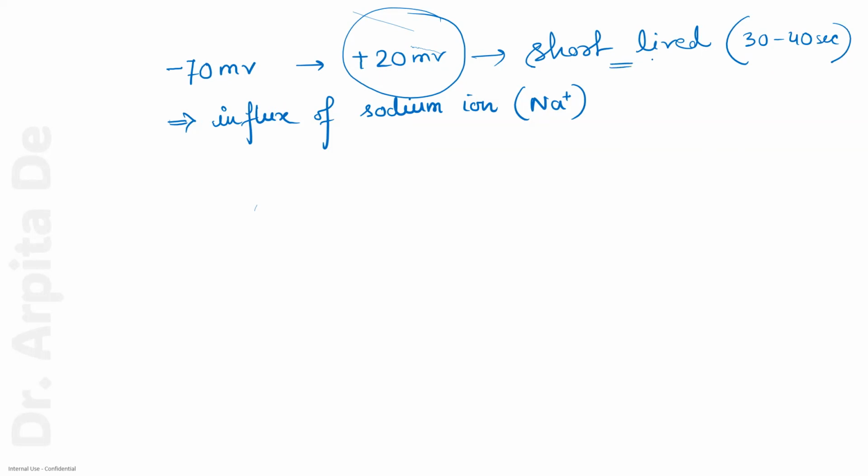Now, what will happen after this? It will again revert back to negative. Now, as it reverts back to negative, you can say that, ma'am, there are high chances of a new fresh sperm to come and bind to it. Yes, there is a chance. That is why at this point, slow block comes into play, right? Fast block is just very, very temporary. Now this slow block is coming into play. What is happening in slow block?